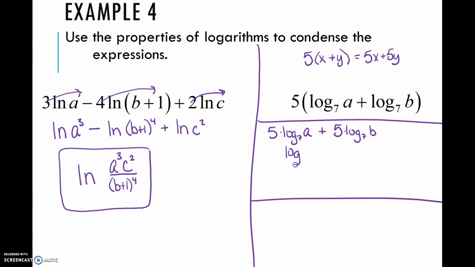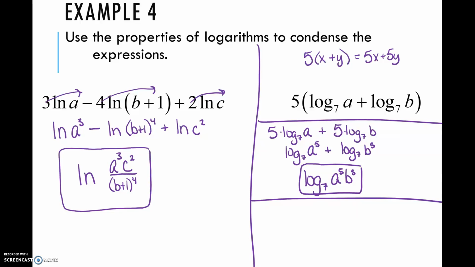Those 5s then become exponents. So log base 7 of a to the 5th and log base 7 of b to the 5th. Then you'd combine them and get log base 7 of a to the 5th, b to the 5th. That would be considered a correct condensed log.